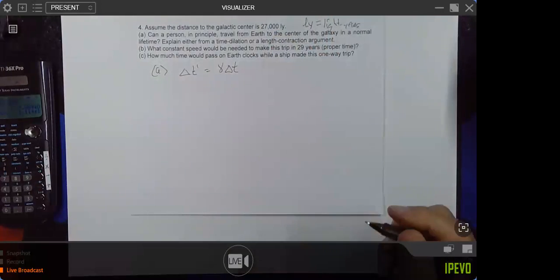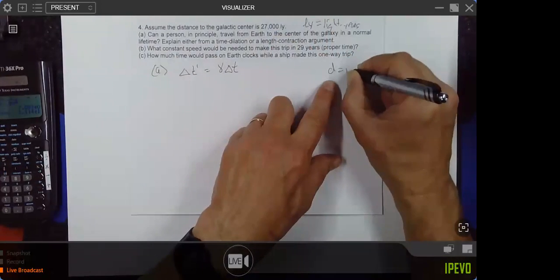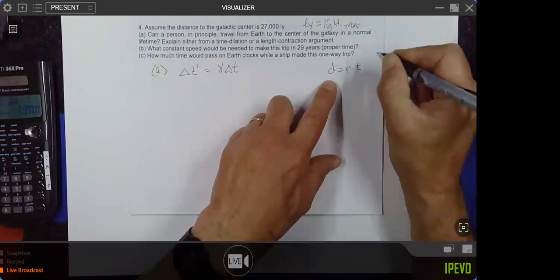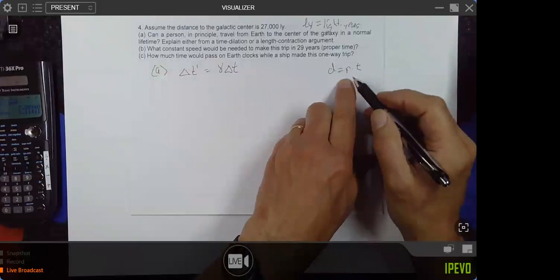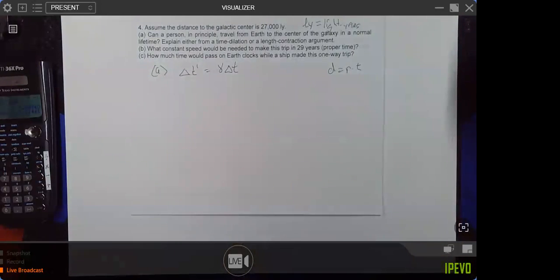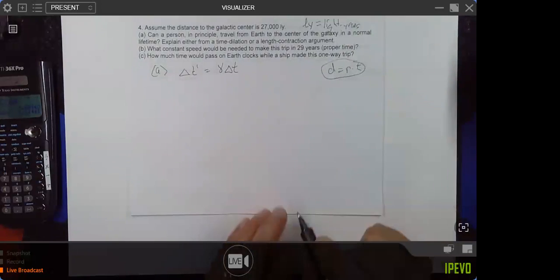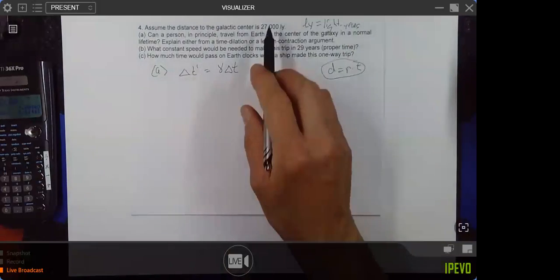And this is expressing a distance as rate times time. The time is in years and the rate is the speed of light. So those algebra students who struggle with this concept may really struggle with this concept.